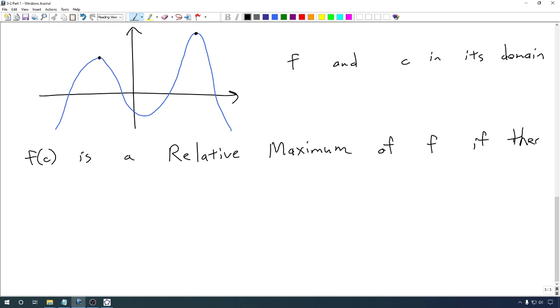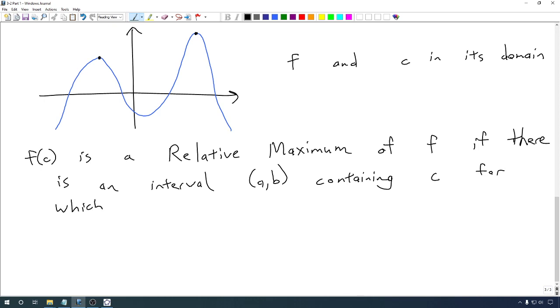if there is an interval, specifically an open interval, containing the c value, so some interval around the value that we're saying is where that relative maximum is located, for which f of c is a maximum of f.